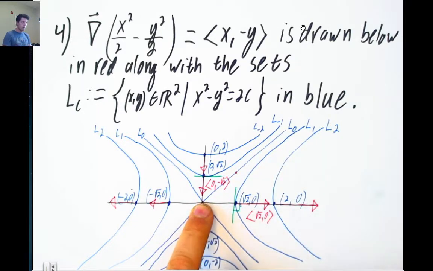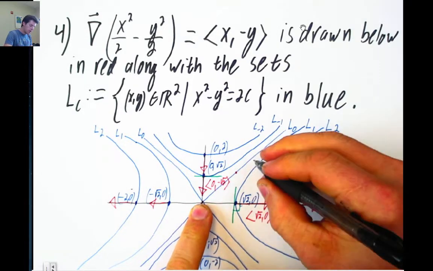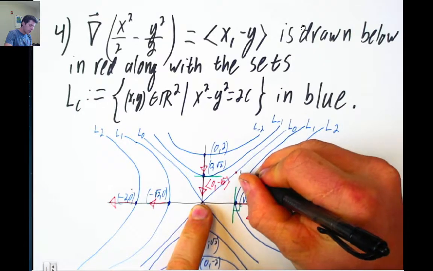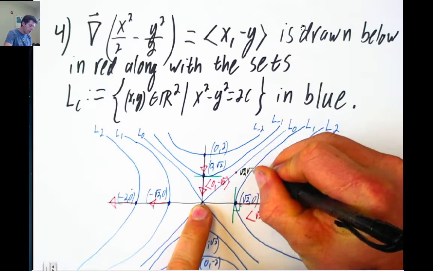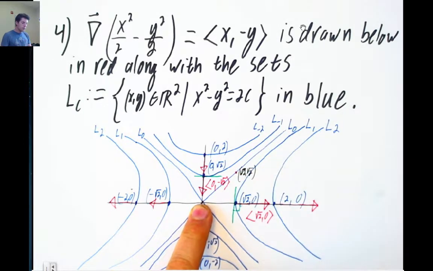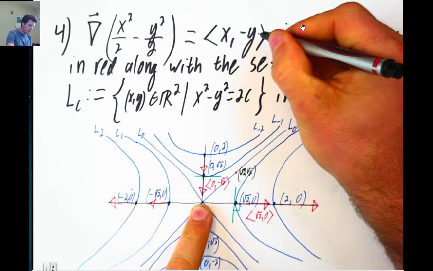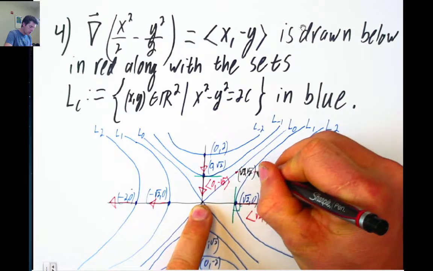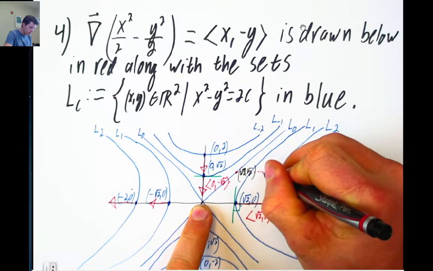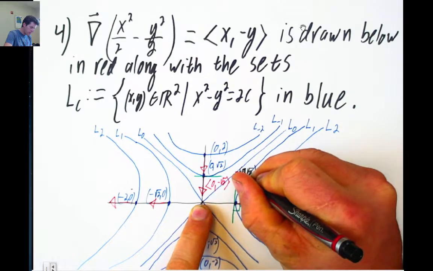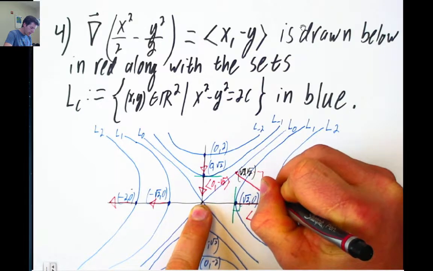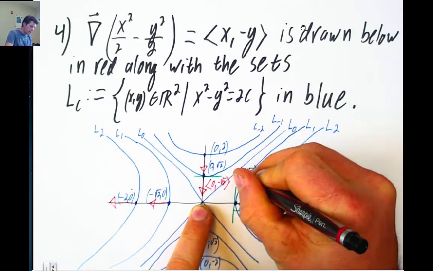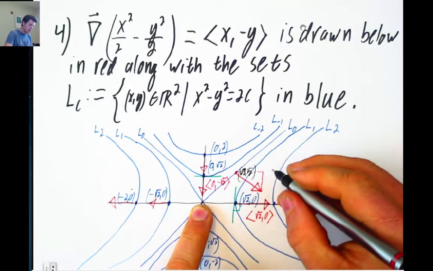So what am I going to assign to that point? Well, the vector (square root of 2, negative square root of 2). So I should point to the right square root of 2, and then down square root of 2, and that would give me this vector.